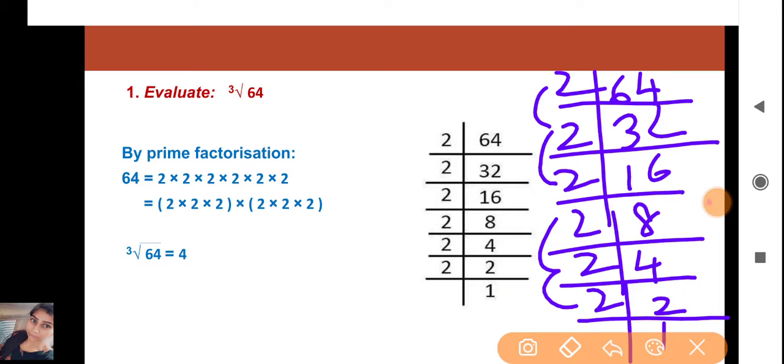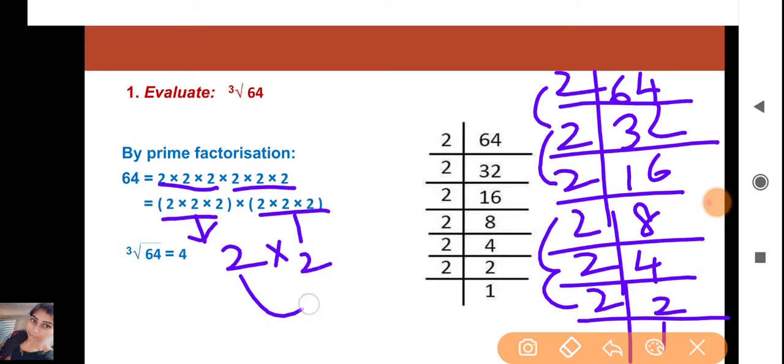We can express 64 as the product of equal factors in triplets, and these factors are prime numbers, as you can see here. From this one I'll take 1 2, from this one I'll take 1 2, and the product of this 2 2 is 4. So that means the cube root of 64 is 4, right?